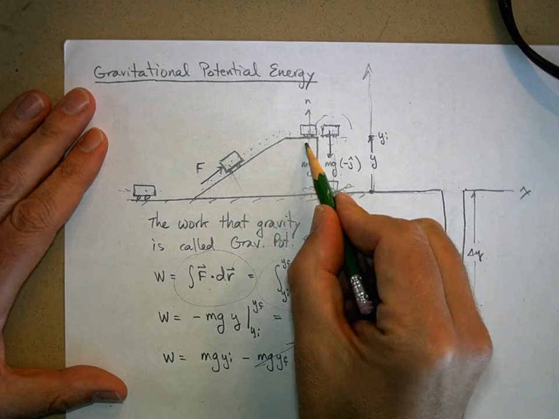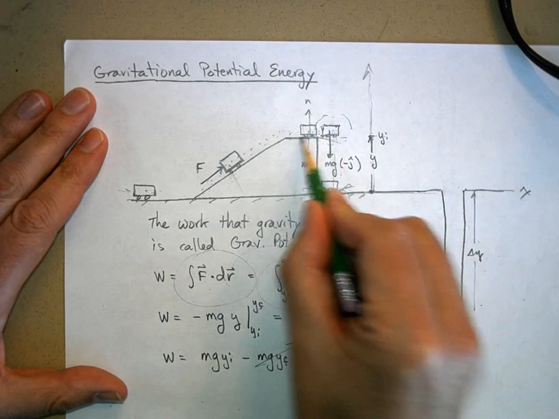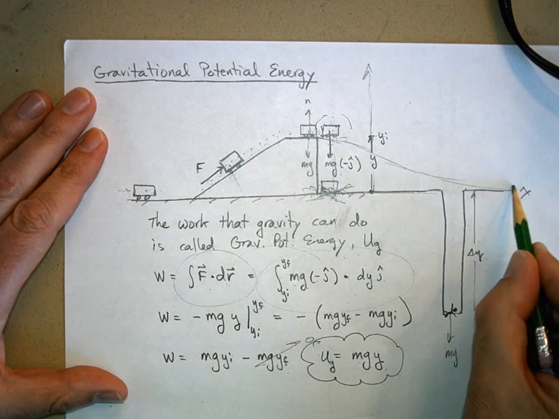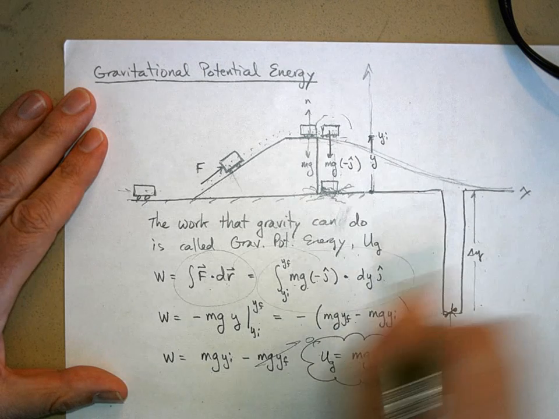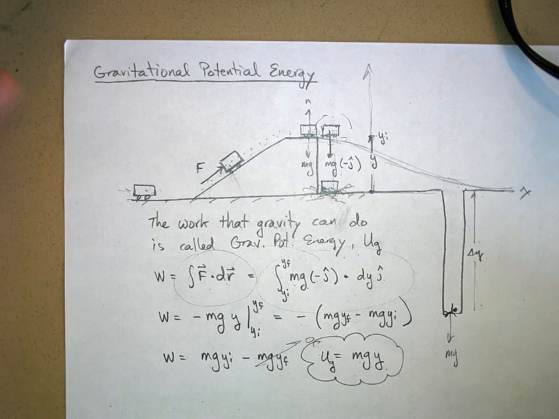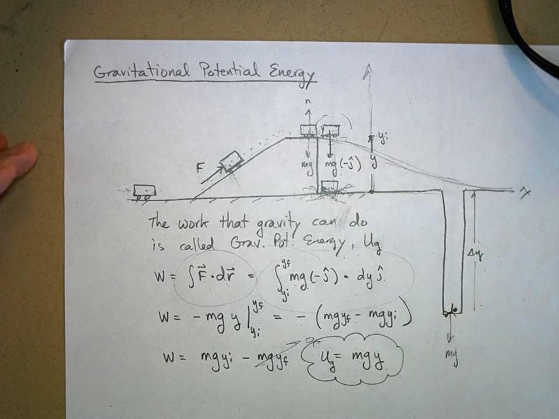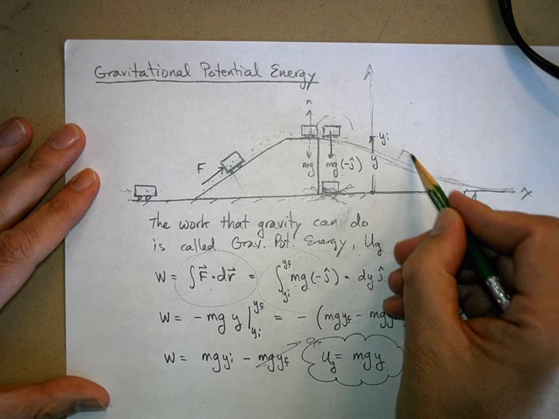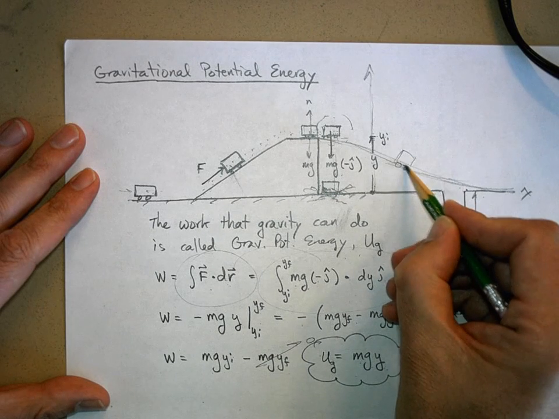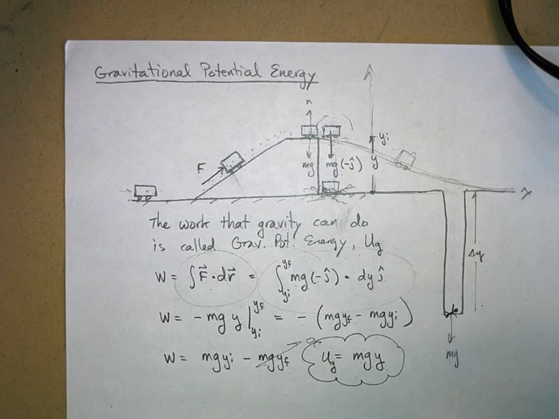So if I put a track right here and I made a nice little ramp, I'm eventually going to get to the point where I could figure out what the velocity is at any point on this track by looking at the change in gravitational potential energy.